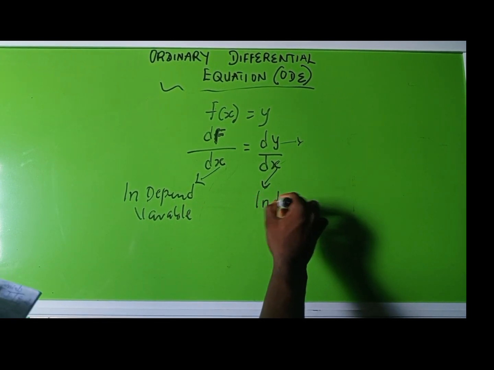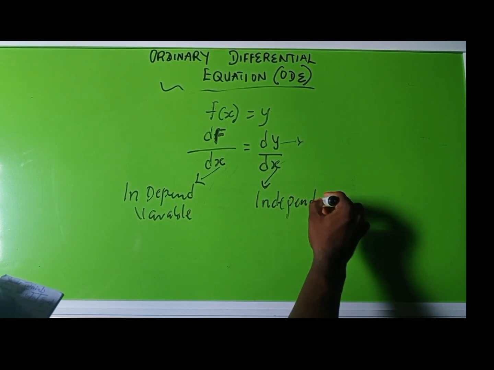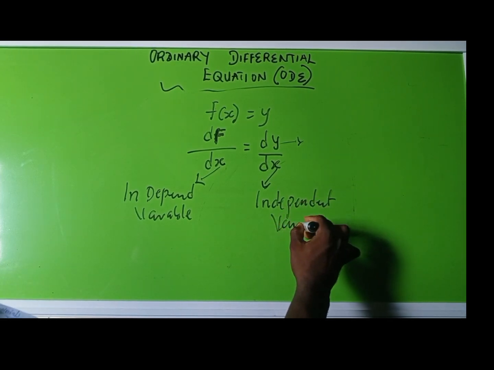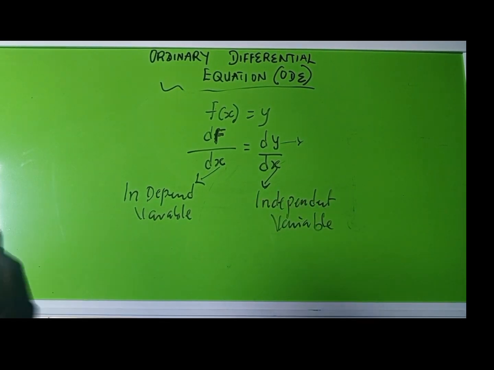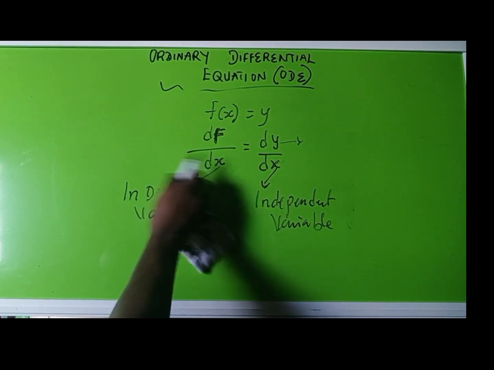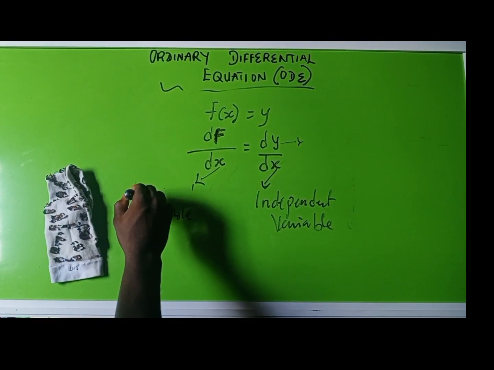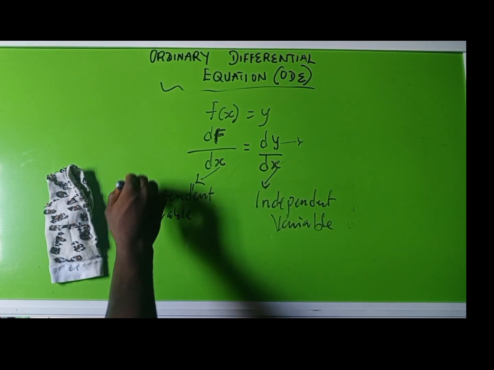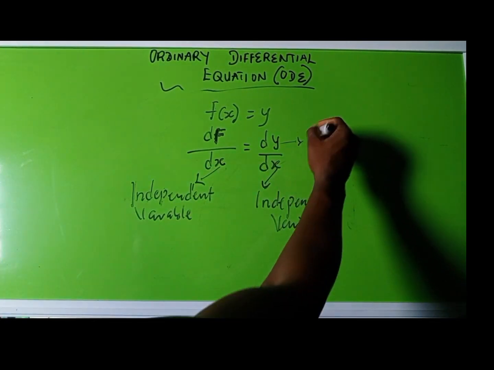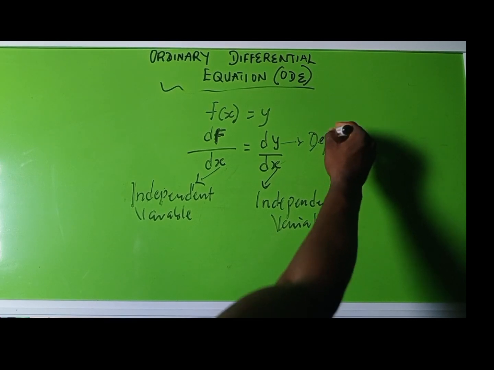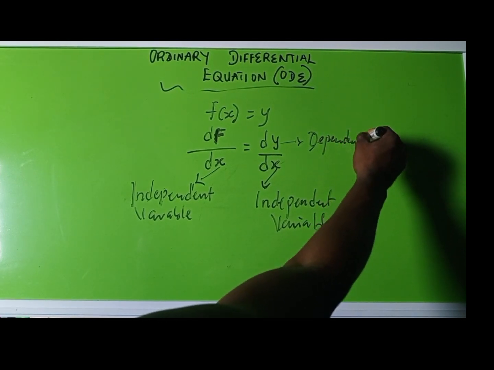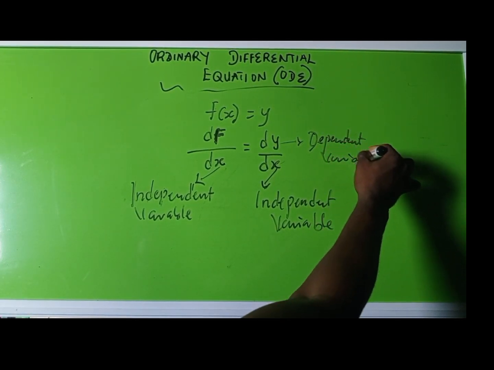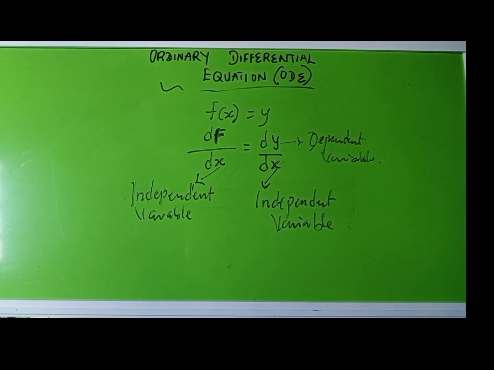This is your independent variable. This is your dependent variable. So that's what you simply do. So you've gotten your dependent variable and your independent variable.